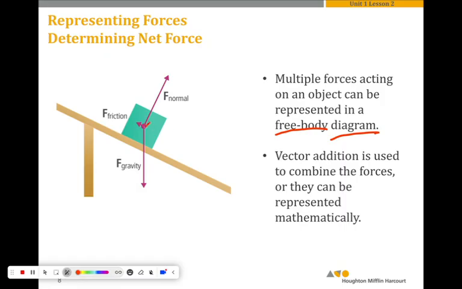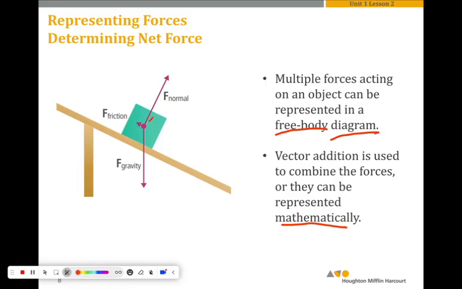When we analyze all the forces acting on a simple object, and when we use free body diagrams, we can use simple shapes to represent complicated shapes. Like squares could represent anything like a car. And what we do is use vector addition to combine the forces, or they can be represented mathematically.